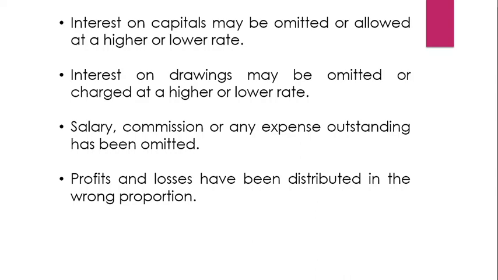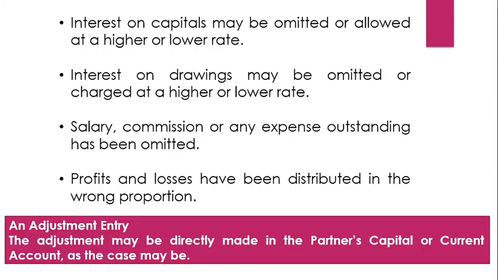So what we do is, instead of making any changes in our accounts or going back, we try to find out the net effect, exactly what it is affecting, convert it into one single amount and pass an adjustment entry to rectify these errors.